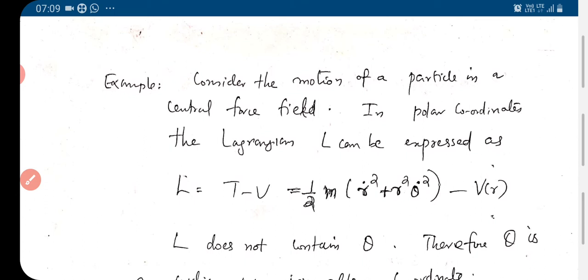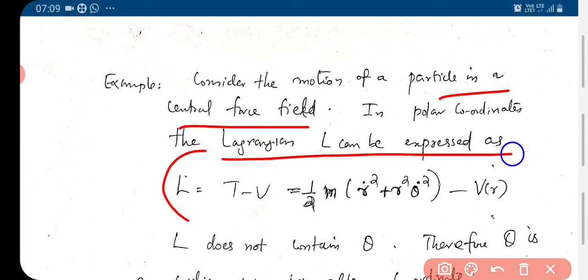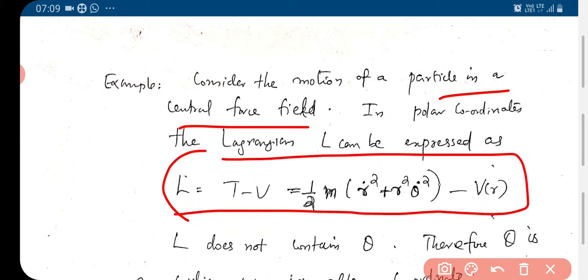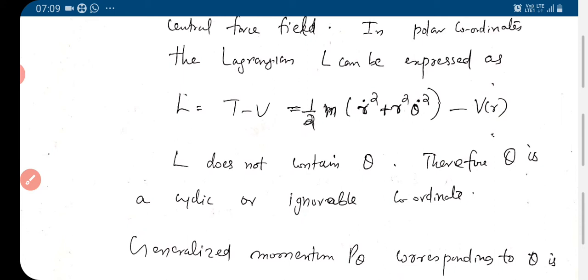We consider an example: the motion of a particle in a central force field. In polar coordinates, the Lagrangian is given by L equal to T minus V, that is, half m (ṙ² + r²θ̇²) minus V(r).